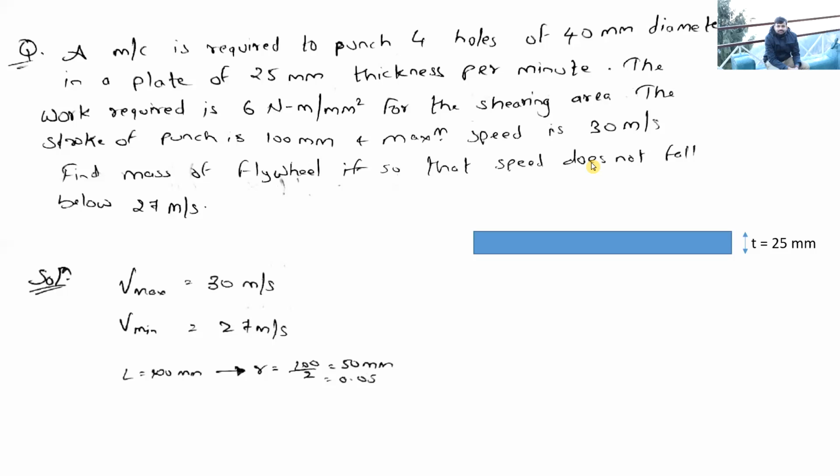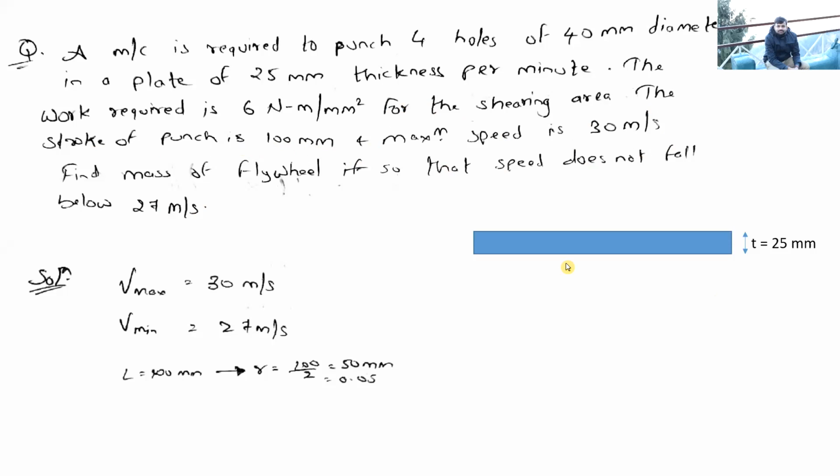All right. And further, we would see that for the shearing area, the stroke of the punch is 100, so the stroke length is given to us, and the maximum speed is 30 meter per second. So this maximum value is given to us, right?